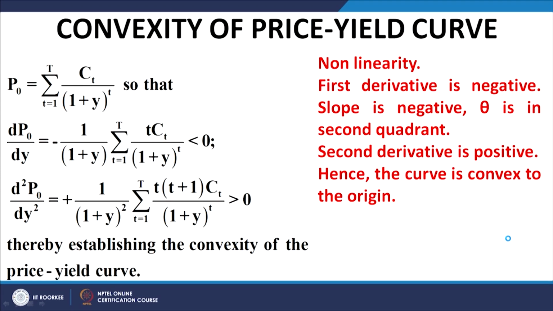This was explicitly established by calculating the differential coefficients, the first derivative and the second derivative, using the cash flow discounted price of the bond, and we found explicitly that the first derivative turns out to be negative and the second derivative turns out to be positive, that is, the slope increases as the yield increases, and therefore, the curve is a convex curve towards the origin.